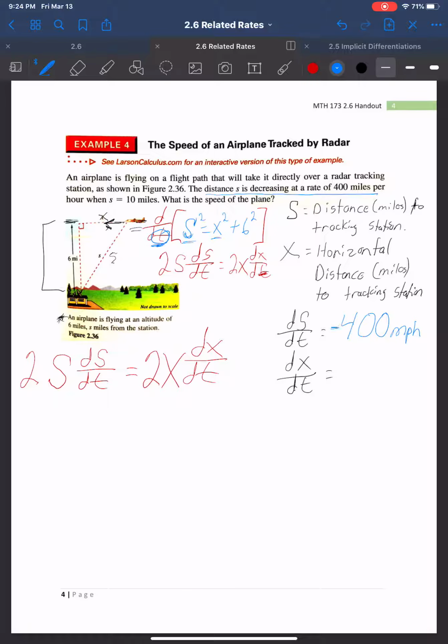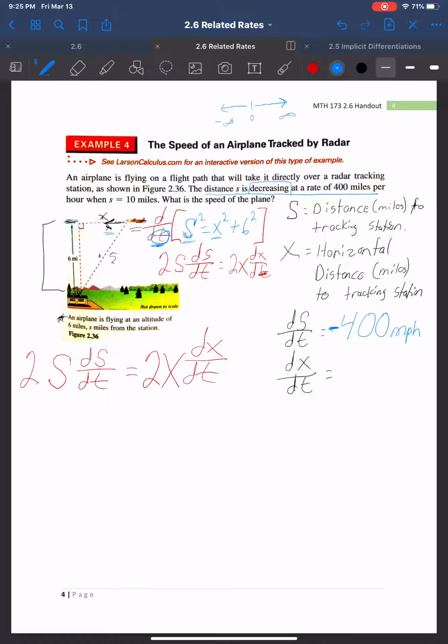Now, I'm going to make this negative, and the reason why it's negative is because it says it's decreasing. The distance is decreasing at a rate of 400 miles per hour, right? Back to that drawing, that picture, as that plane continues towards that tracking station, s is decreasing. So since we traditionally think of positive numbers moving this direction and negative numbers moving this direction, since it's decreasing, we're going to go ahead and label this negative 400 miles per hour.